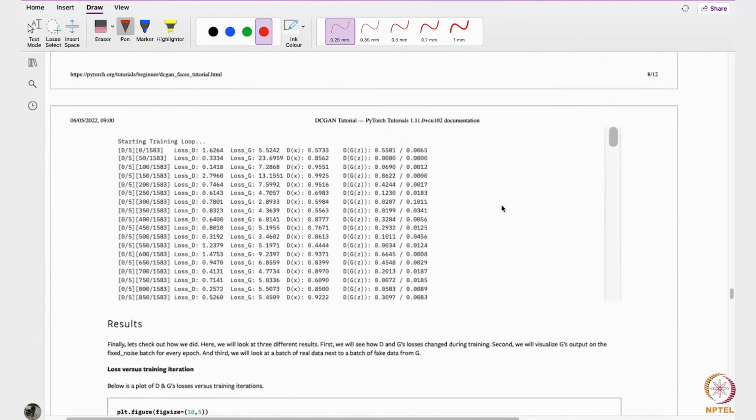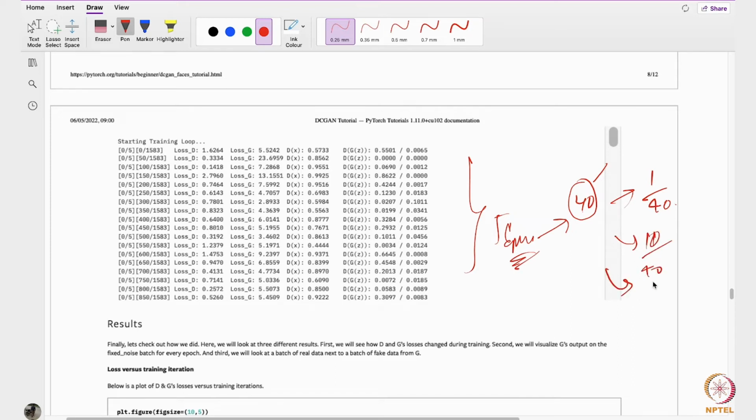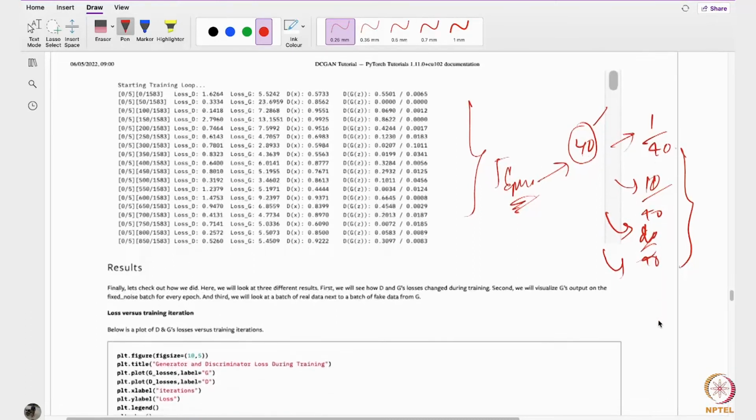If you observe the results here, they have used 5 epochs. For each epoch, we will have 40 iterations. Out of those, we are going to see the output only for the first one, the 10th, or the 20th iteration, and so on. Once we go, I will show you how to run the code also, but as an explanation sake, I am saying.